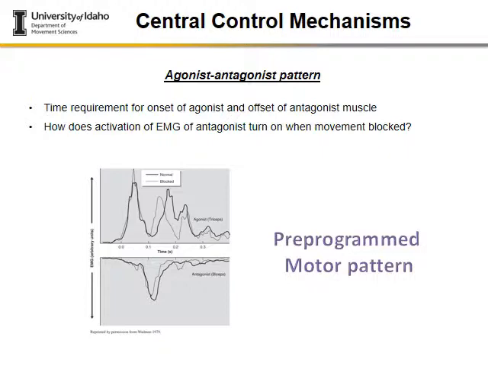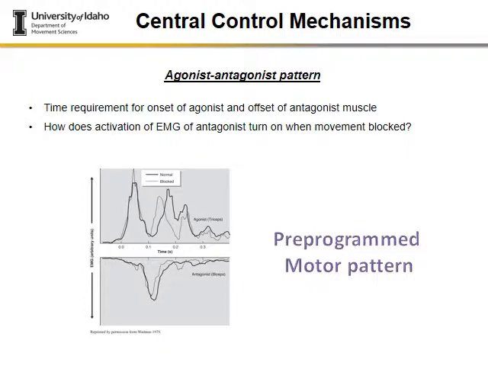But the one that is blocked has a phase shift in this peak activation, and also has a little increased EMG activation over the peak of the normal. So you see a little difference in patterns, but even though the bar is blocked, you still have this general idea of the agonist and antagonist muscles working together.